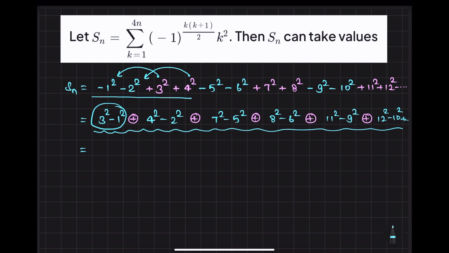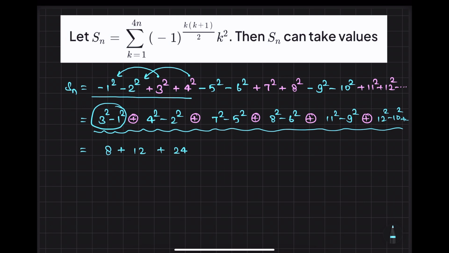So it is (a plus b)(a minus b). So a plus b is 4, a minus b is 2, so it is 8. Then a plus b is 6, so 12. Then 12, 24.